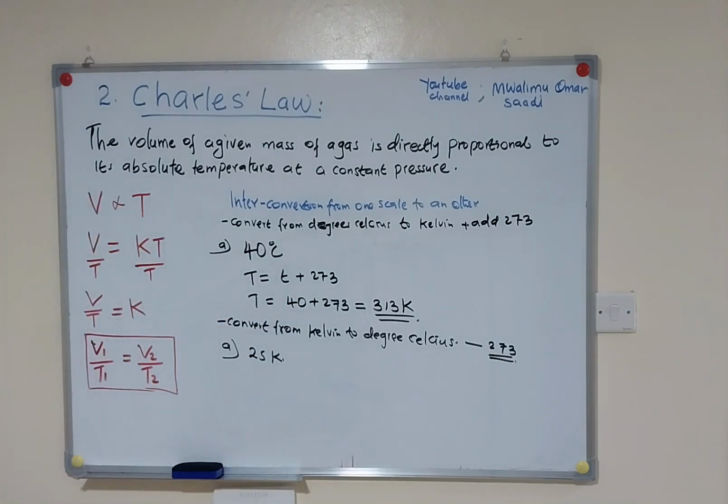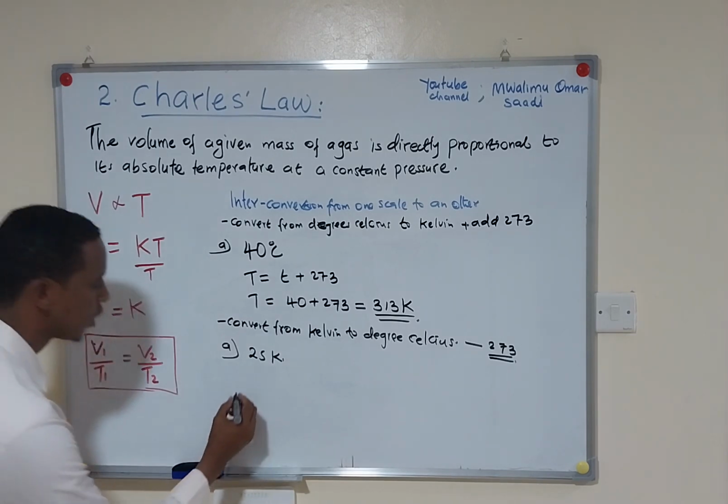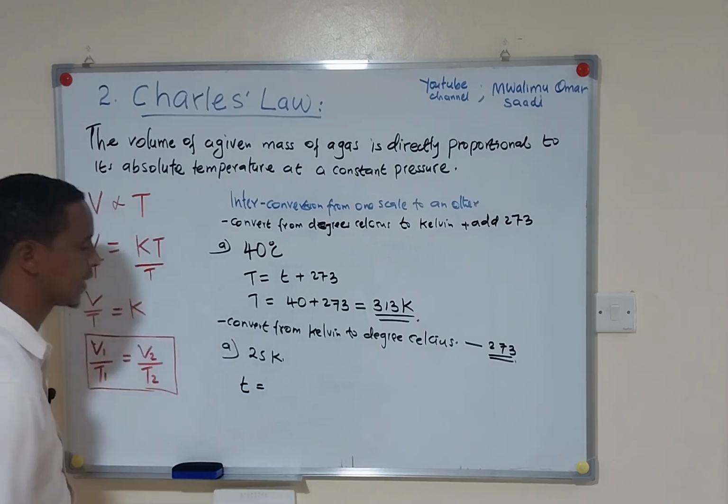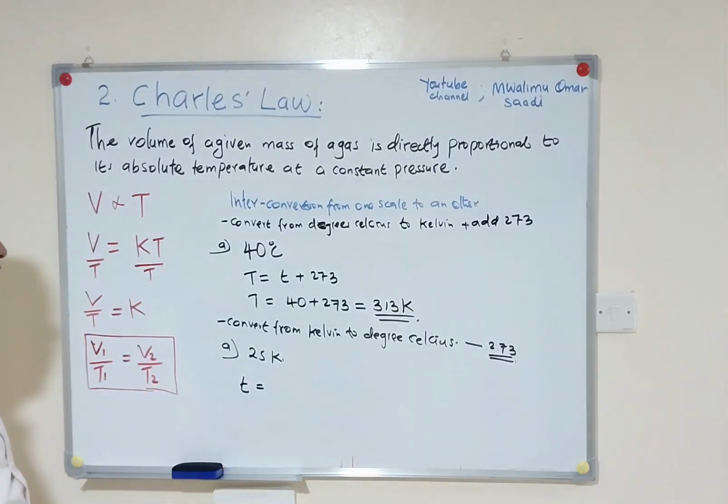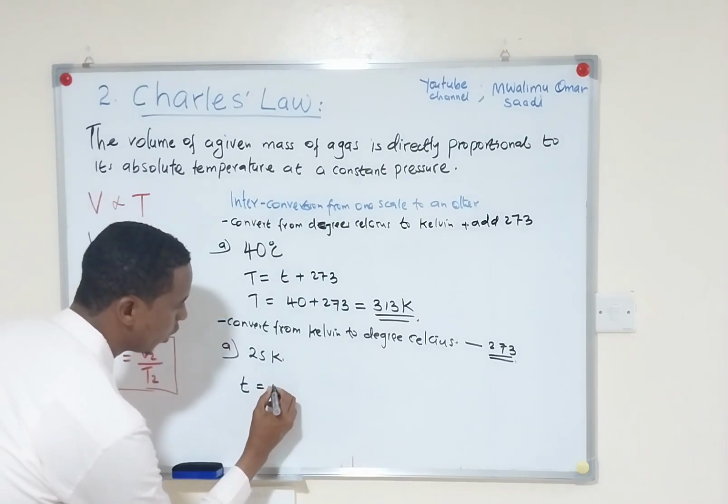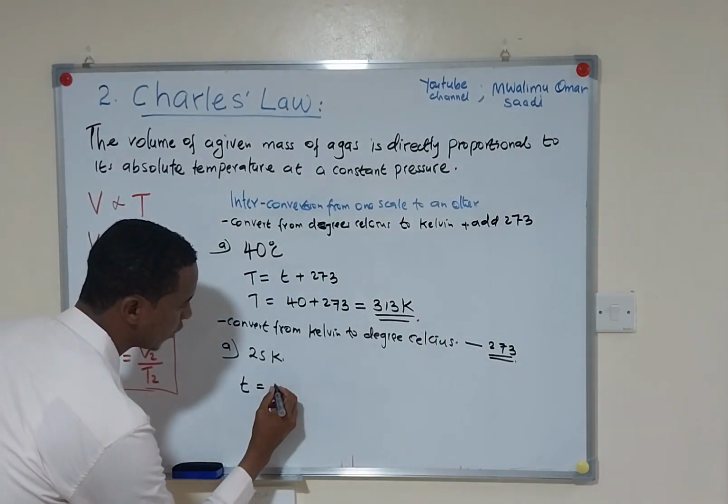This is your temperature in Kelvin, K. So our small t, that is the temperature in degrees Celsius, will be equal to the Kelvin temperature minus 273.